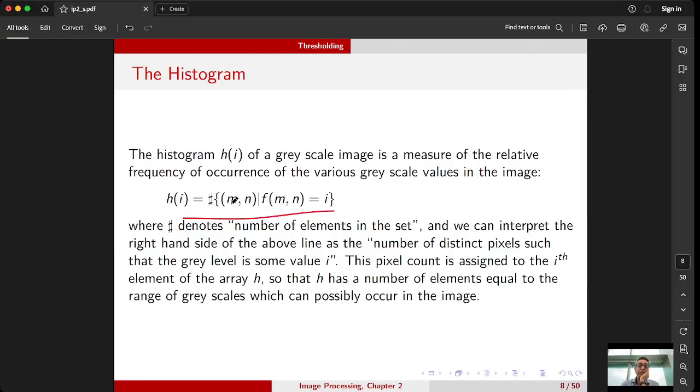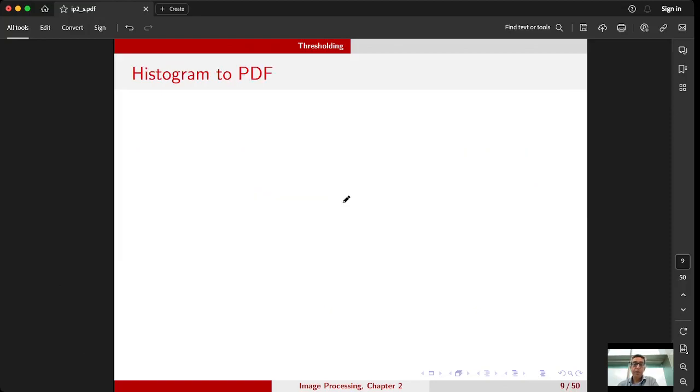So it's the number of pixels such that the intensity value at those pixels is equal to intensity I. And that's a simple notation for how you would construct a histogram, where you have discrete values in the array F, in other words integer values in the array F, and you run through all the possible integer values and basically count how many pixels have that integer value. And this could be modified simply if you wanted to look for ranges of intensity values, which is effectively what the default Python code looks at.